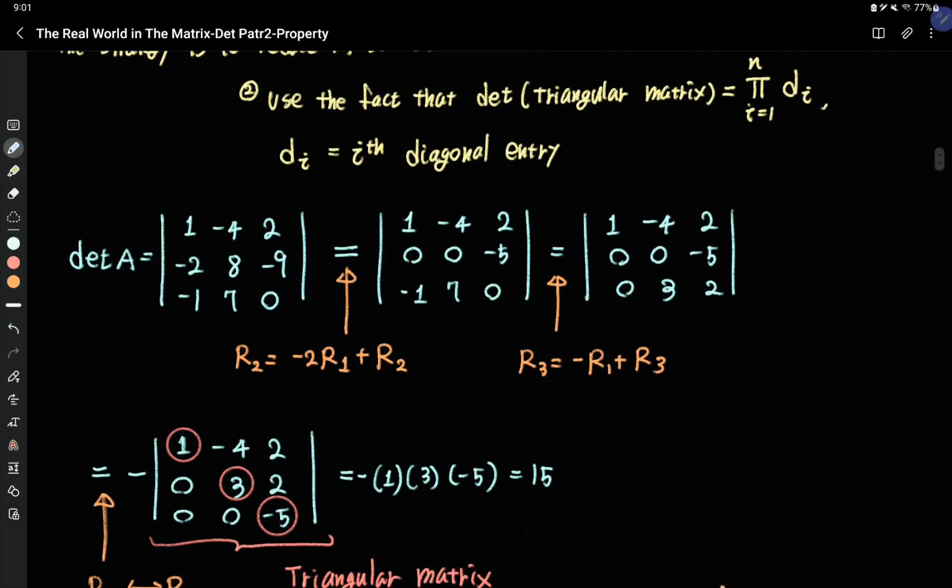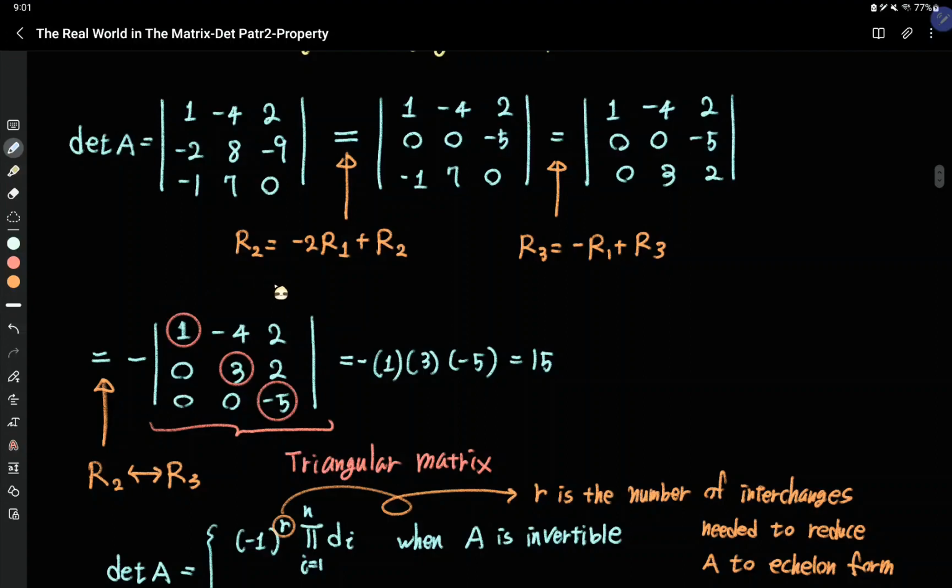Now we got this. You see, this is an upper triangular matrix, and these are the pivots. There are 3 non-zero pivots, which is exactly the same as the number of columns in matrix A, which means that matrix A is invertible.